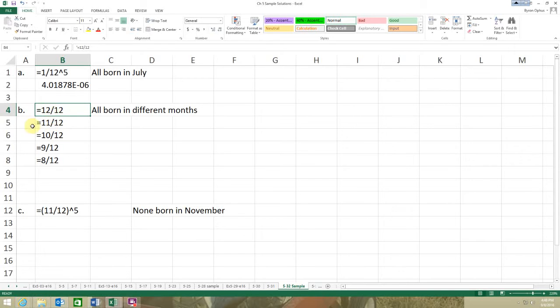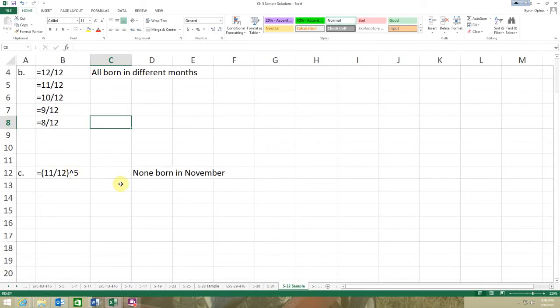And so we just keep going down through all 5 of them. The third person has a 10 chance in 12 of being in a different month, the fourth person a 9, and the fifth person an 8 chance. Then we would multiply all of those together. I'm going to skip that because I'd have to manually put that in there, but it'd just be equal to 1 times 11 twelfths times 10 twelfths times 9 twelfths times 8 twelfths.